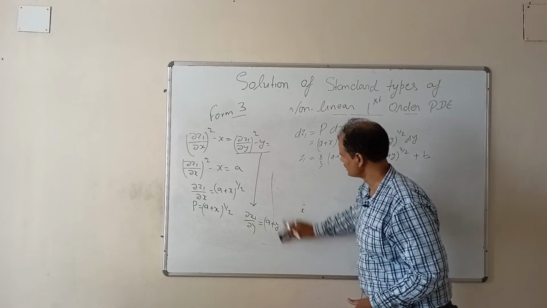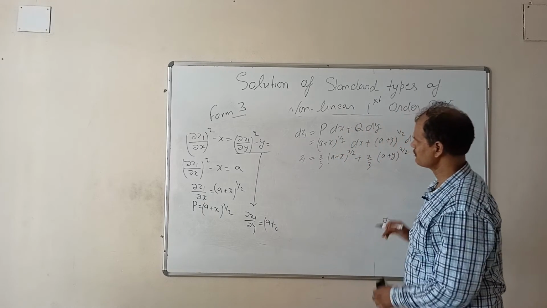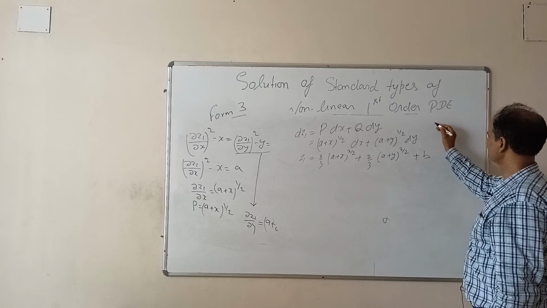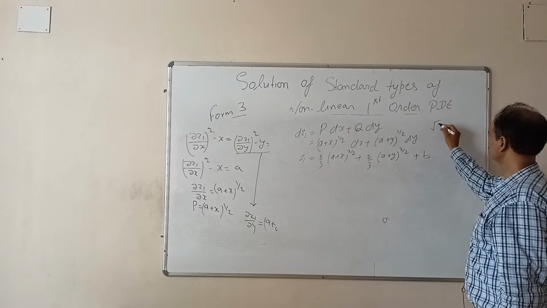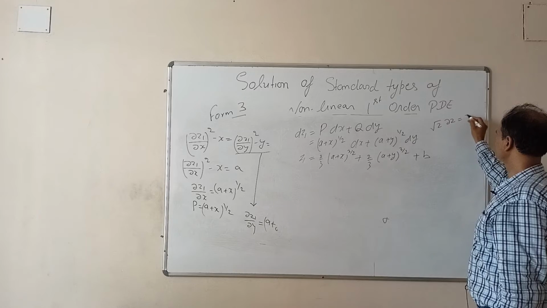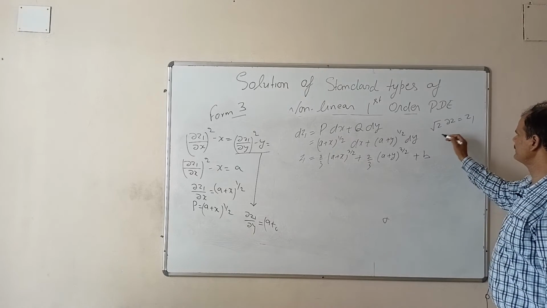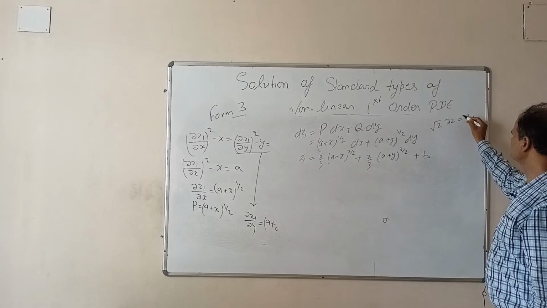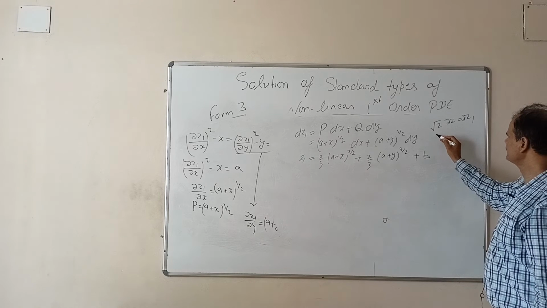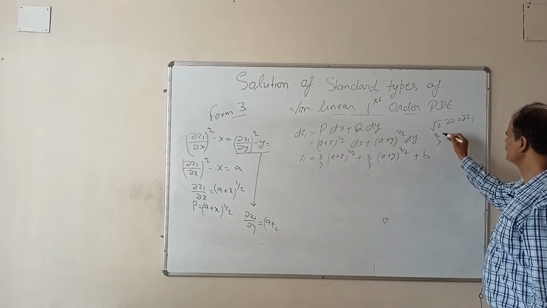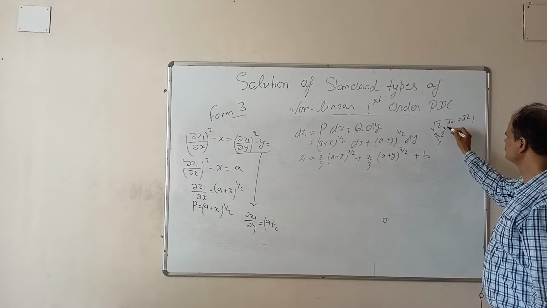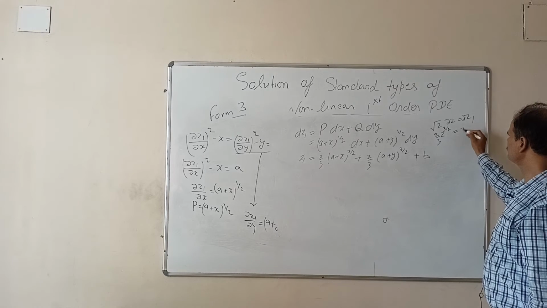Now z1, what is the z1? What have we taken? I have taken here √z ∂z = dz1. So I integrate, and we get (2/3) z^(3/2) = z1.